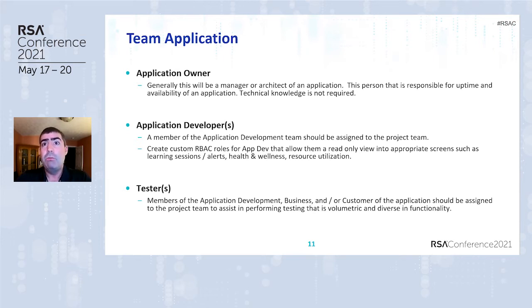Next, we're going to need our web app developers. Now, generally, you're going to want to have more senior developers that fully understand the web application that you're deploying to, that they understand the architecture, the intentions, and the future roadmap. We were able to build a lot of trust with them by creating a custom role within each WAF, where they could log in and see the customized alerts, the learning suggestions, as well as the performance.